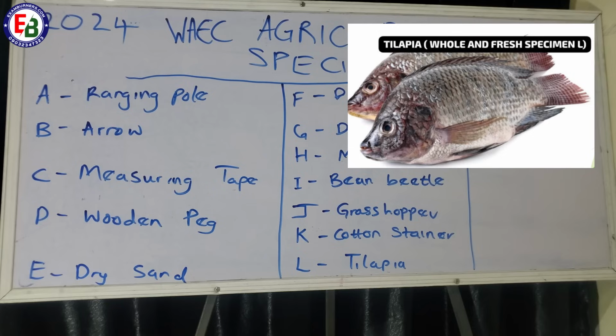Another characteristic that makes it culturable is that it has high resistance to diseases. That means tilapia fish don't just contract diseases anyhow. Another characteristic is early maturity, it matures very fast. Tilapia fish grow very fast. Another characteristic that makes it culturable is that it accepts artificial feed.